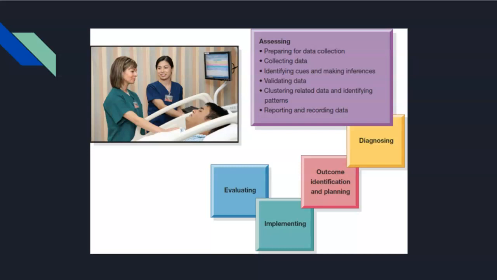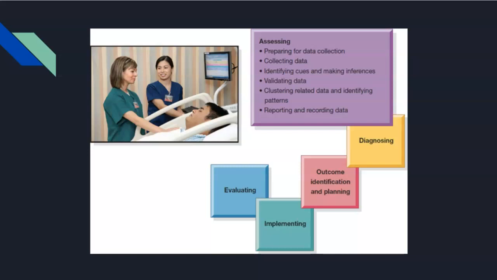Identifying the cues and making inferences. So if you're taking care of a patient that has come in with abdominal pain and they're throwing up and they have a temperature, and you notice that they're reporting their abdominal pain in their right lower quadrant, you're going to start to think, what is going on with this patient?